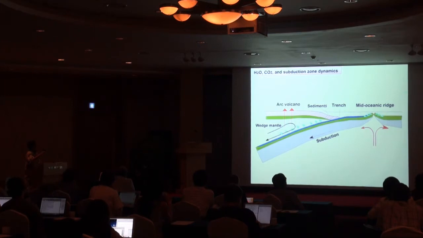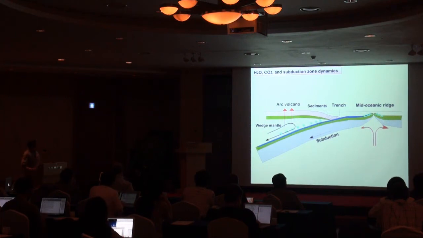The important point is that this blue curve means hydration or carbonation of the oceanic crust by hydrothermal activity at the mid-oceanic ridge. Then such hydrated and carbonated crust is subducted.